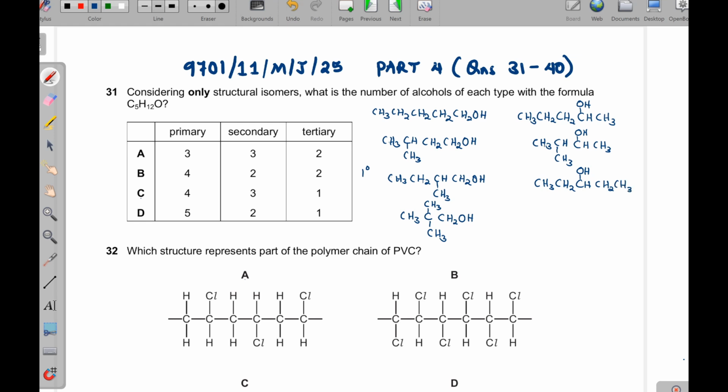Remember, a secondary alcohol is supposed to have, if this is the OH, 2 alkyl groups, and then there's a hydrogen. So this carbon here holding the OH should have 2 alkyl groups on it, okay? This is an ethyl and this is an ethyl. That one is also a secondary alcohol. So those are the three that we are having here for secondary.